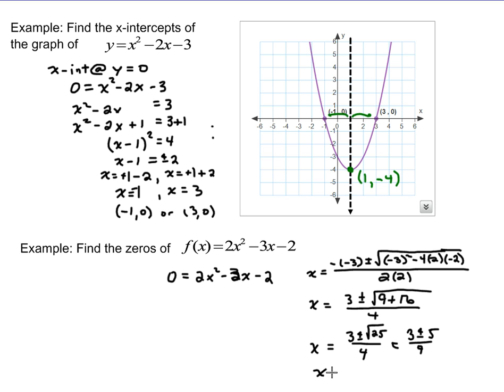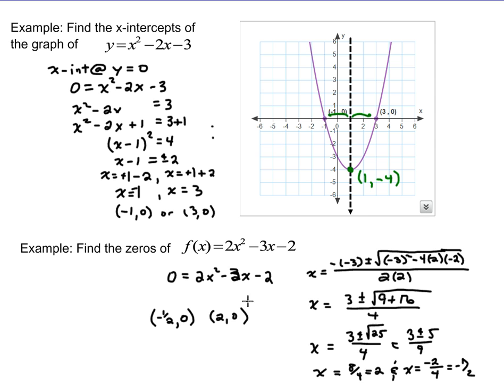Well, we're going to get x equals 3 plus 5 over 4. So that's 8 over 4, or 2. And we'll find that x is equal to 3 minus 5 over 4. So that's negative 2 over 4. And that's going to be negative 1/2. Well, that means our x coordinate will be at negative 1/2, 0 as one point, and at 2, 0 at the other.